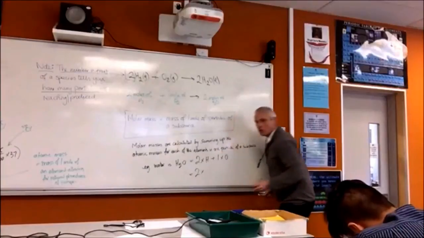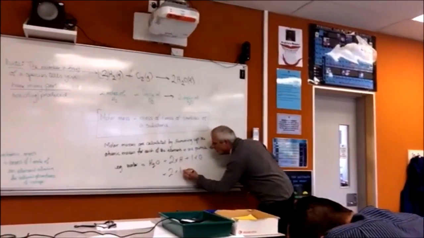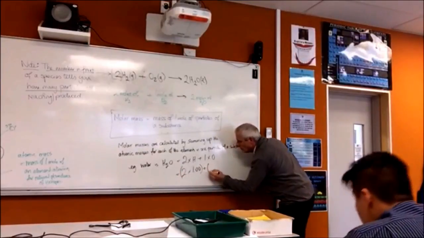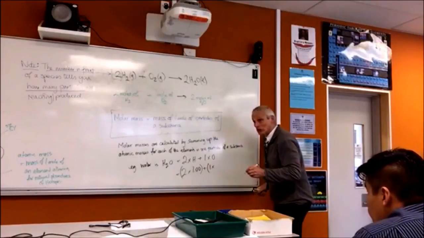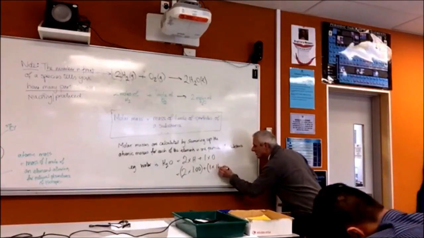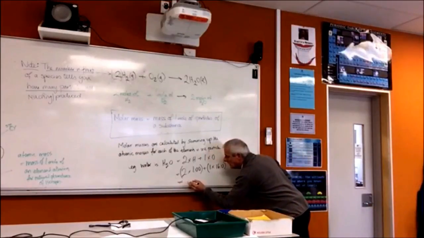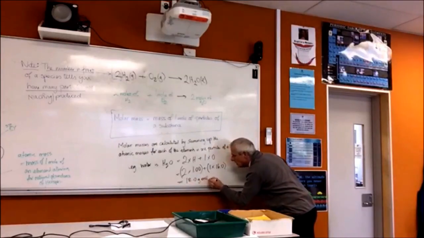2 times the atomic mass of hydrogen, which is very conveniently 1.00, plus 1 times the atomic mass of oxygen, which again is very conveniently 16.0, and that gives us a molar mass of 18.0 grams per mole.